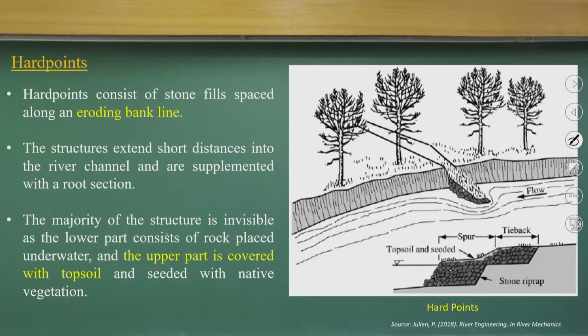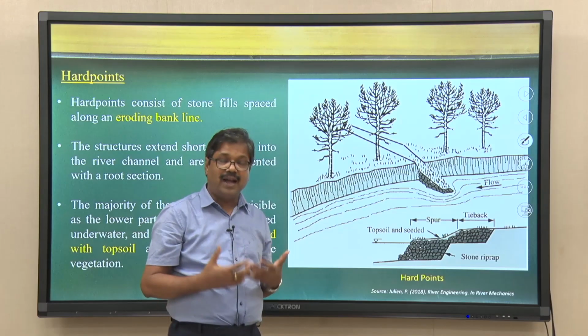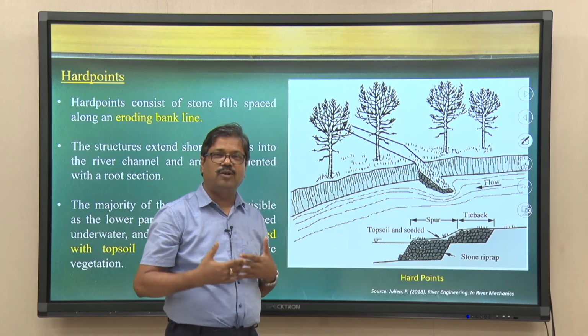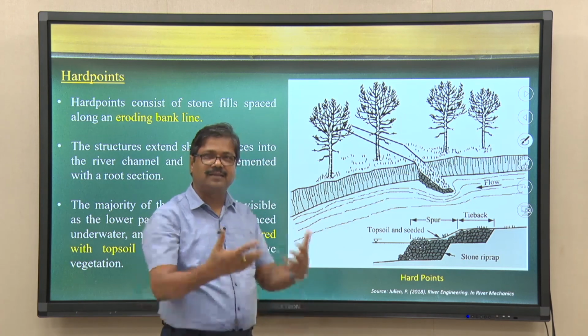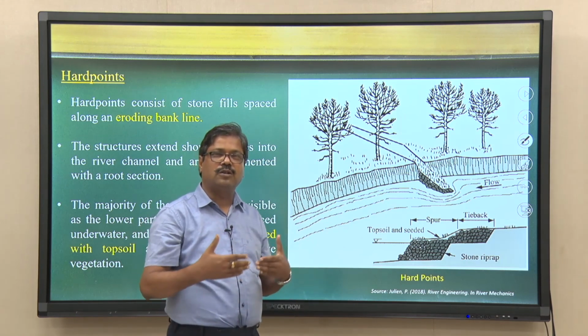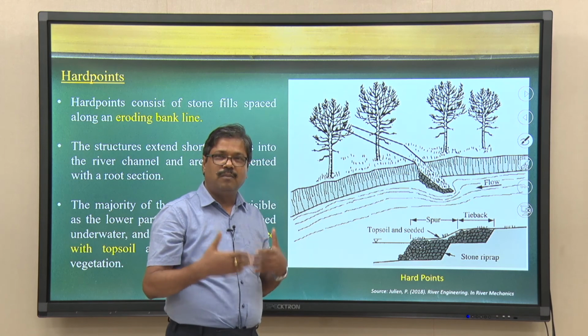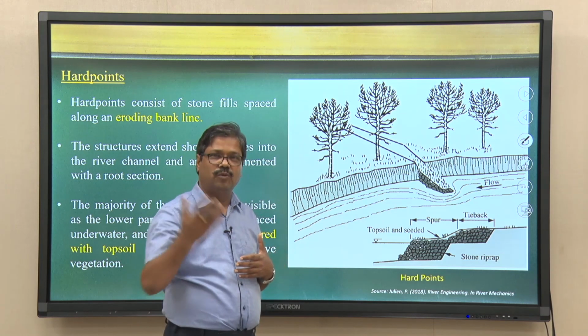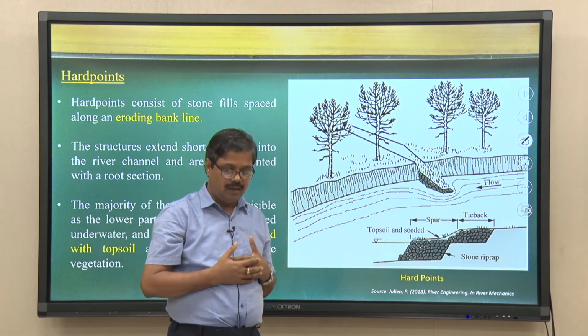Now, let us come back to the many places where we cannot make bank protection with a revetment or walls. We try to divert the flow from the bank. The idea is that the flow should not come closer to the bank, so we can deflect the flow from the river.